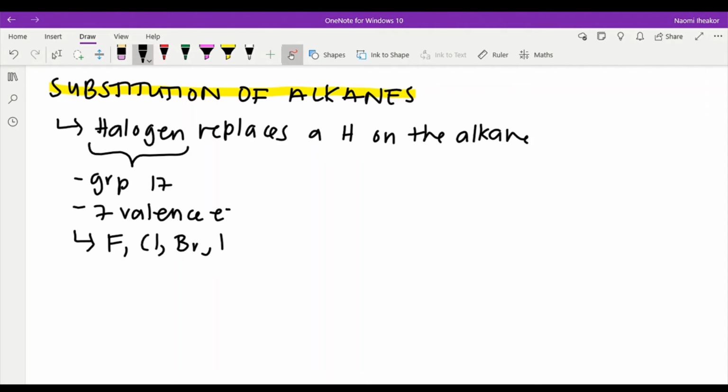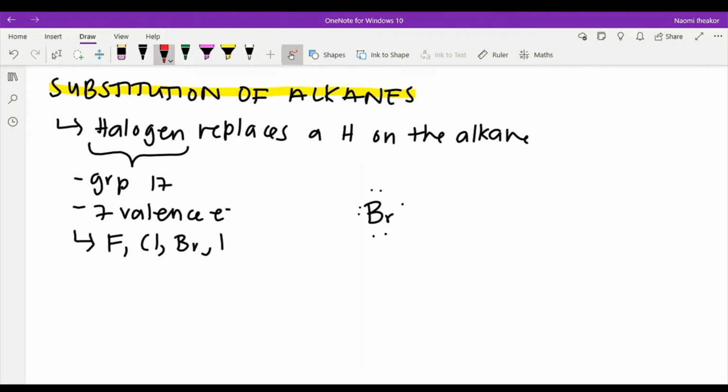And so critically, what we need to understand is that our halogens, because they all have 7 outer electrons, tend to exist diatomically. So let's take bromine for an example. Bromine, because it is in group 17, has 7 outer electrons. 1, 2, 3, 4, 5, 6, 7. And so it still needs to fill up this space because it wants to have 8 outer electrons.